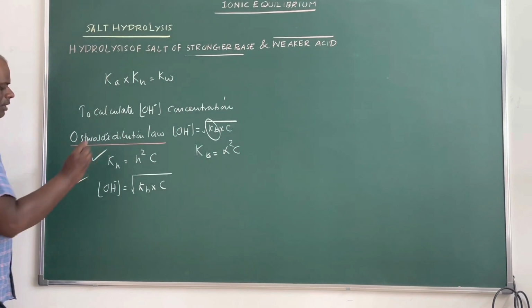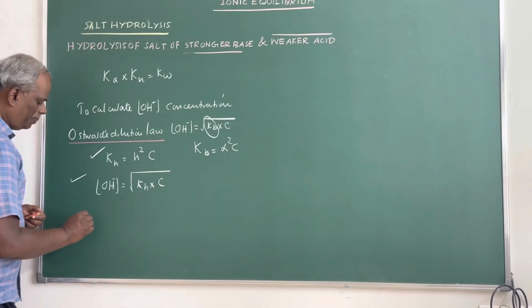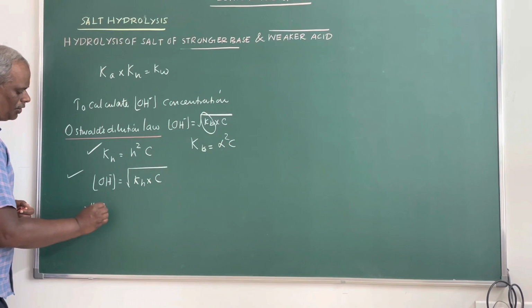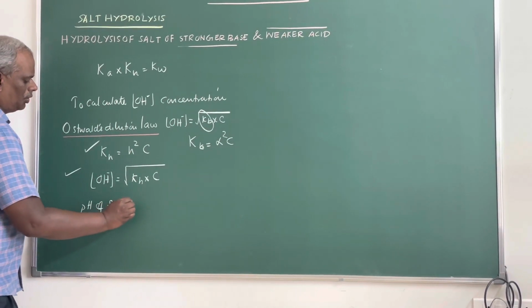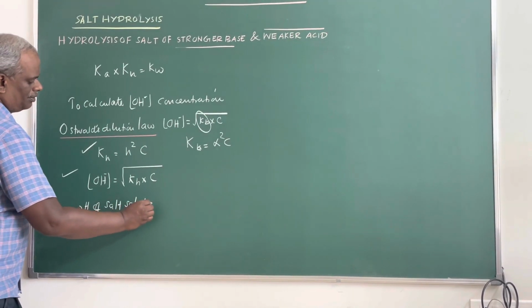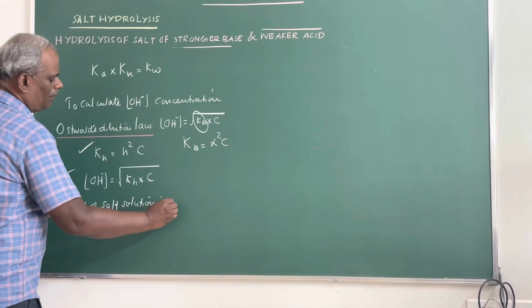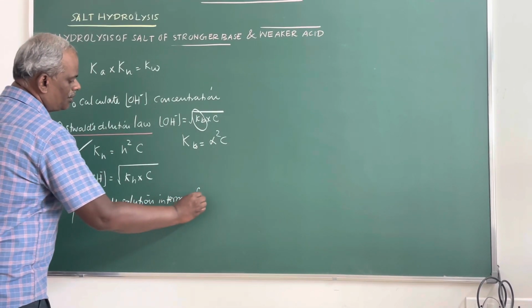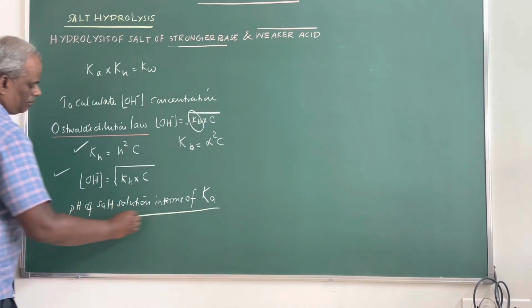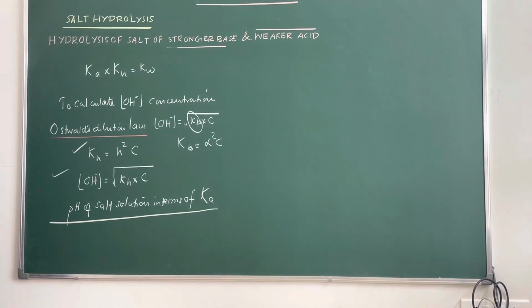Based on this, how to calculate the pH of the salt solution in terms of Ka can be tried as follows.